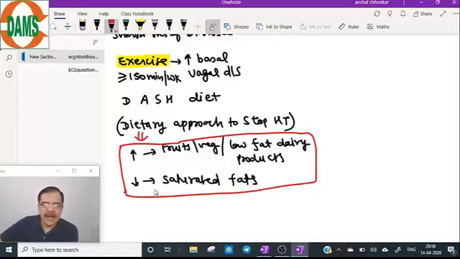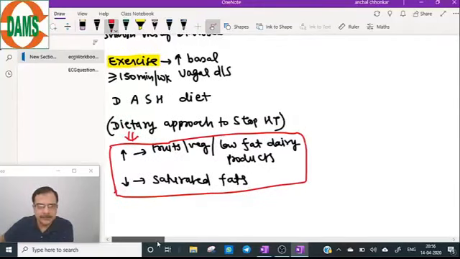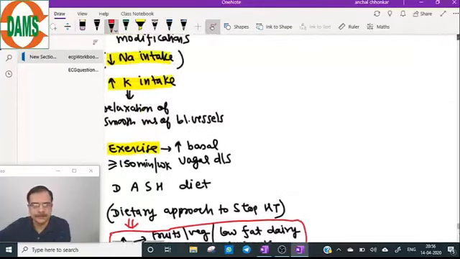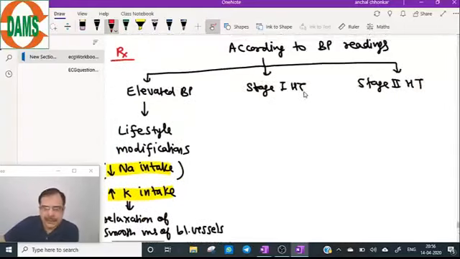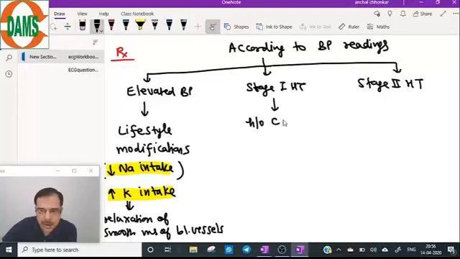Now come to the other scenarios where patient is coming to you with stage 1 or stage 2 hypertension.